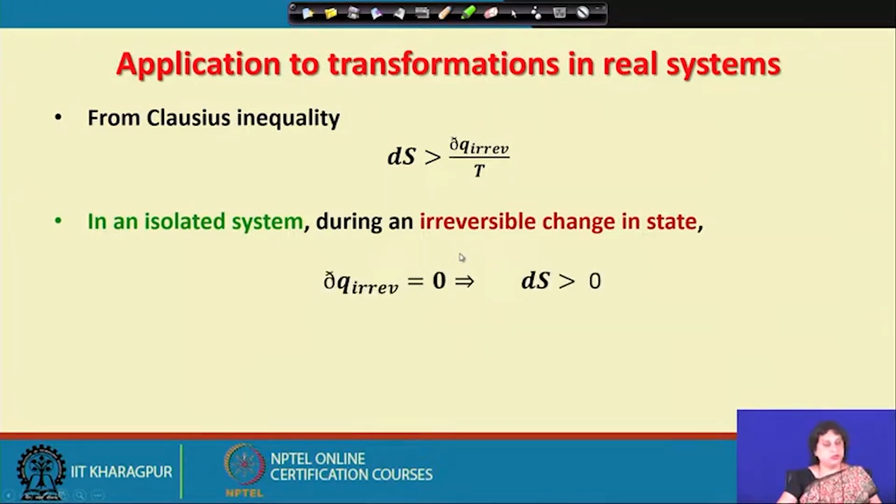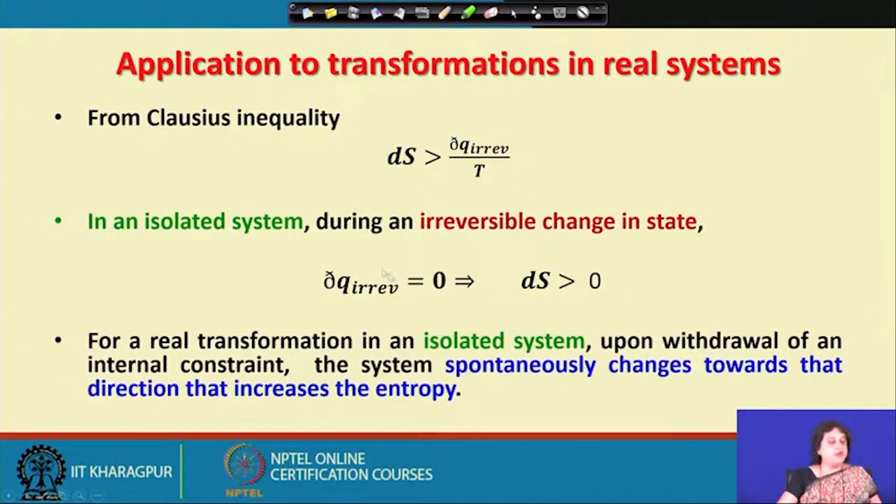The answer is no. And this means that if the system undergoes a change in state under isolated conditions, then dS must be greater than 0. So, for a real transformation in an isolated system, upon withdrawal of an internal constraint, the system spontaneously changes in the direction that increases entropy.